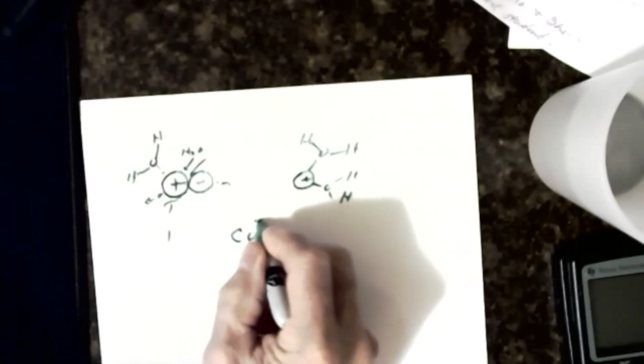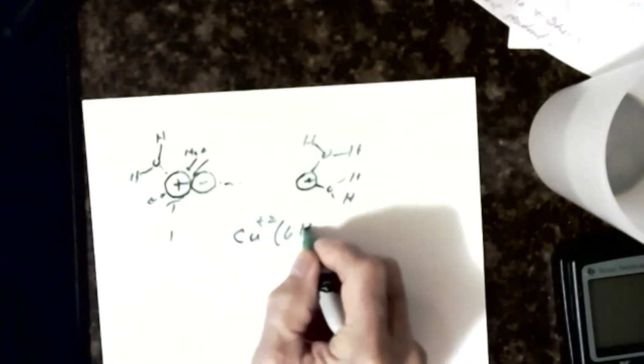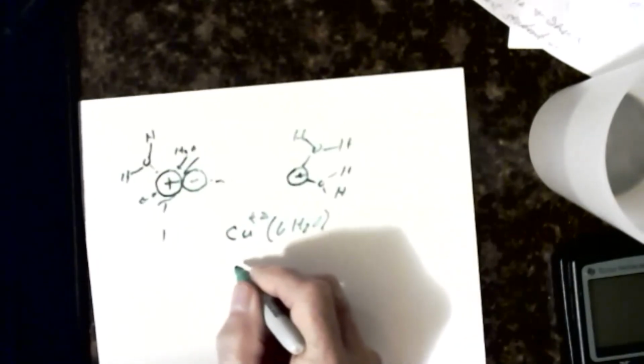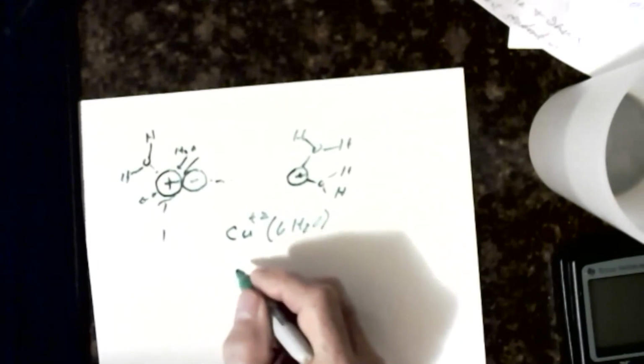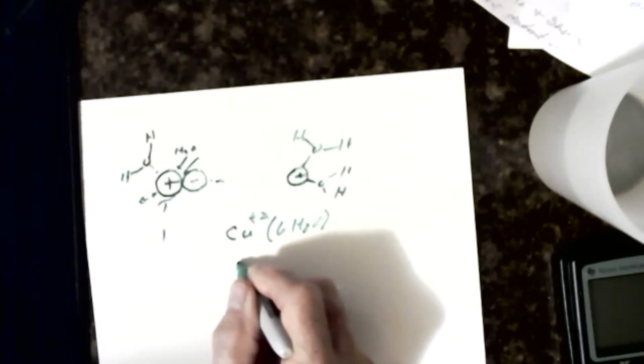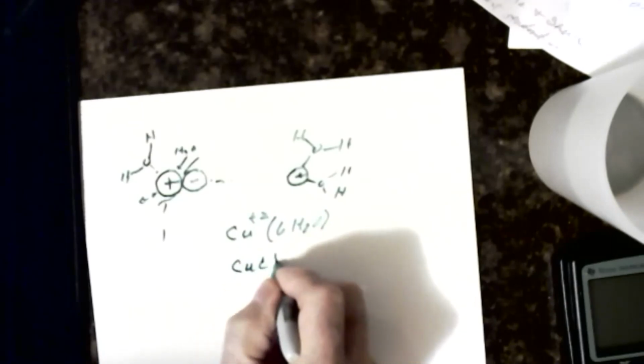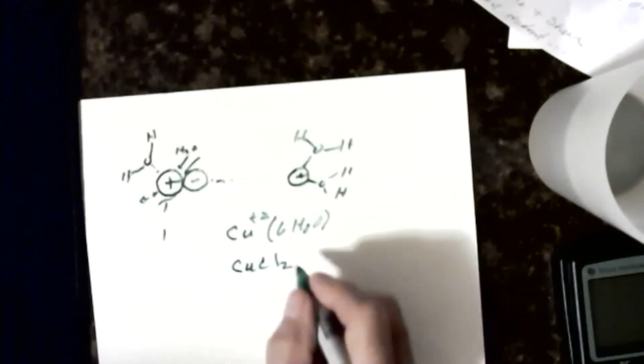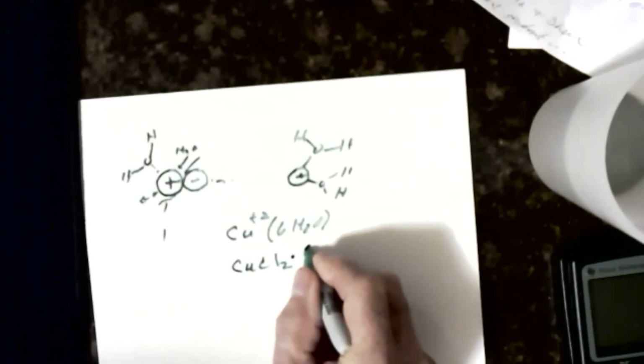So some cations, for example, if I took copper plus 2 ions and put it into water, the copper plus 2 ions would wind up with 6 H2O molecules stuck to it. And if I go into the stock room to get a sample of copper chloride, say copper 2 chloride, I'm not going to find that compound in the stock room. What I'm going to find is the hexahydrate.